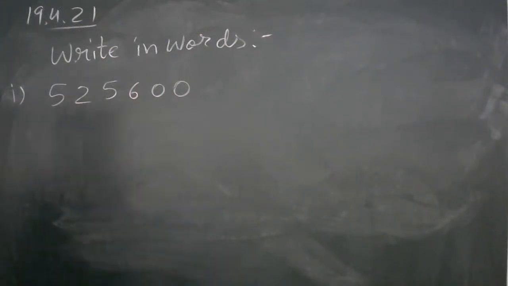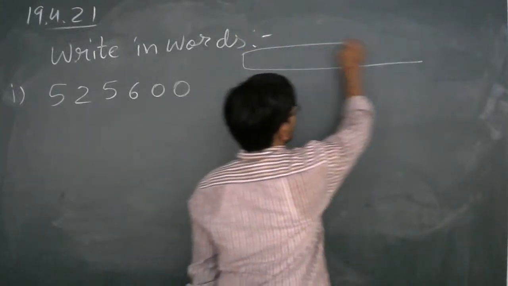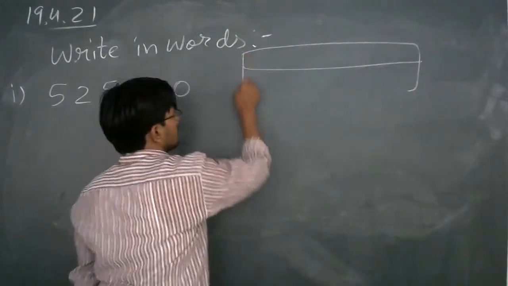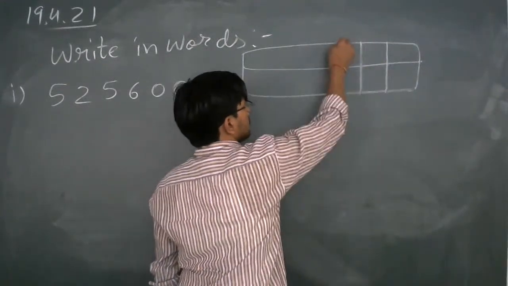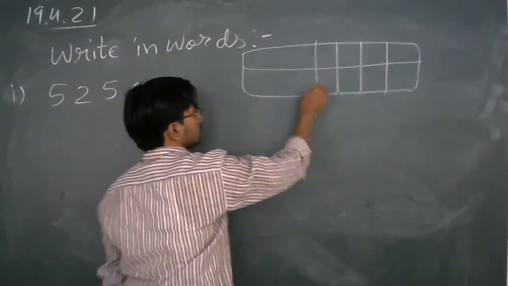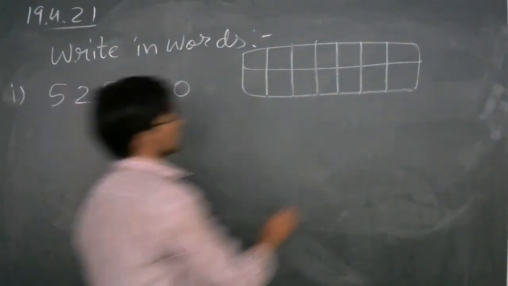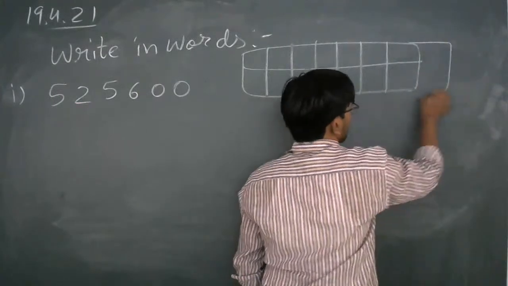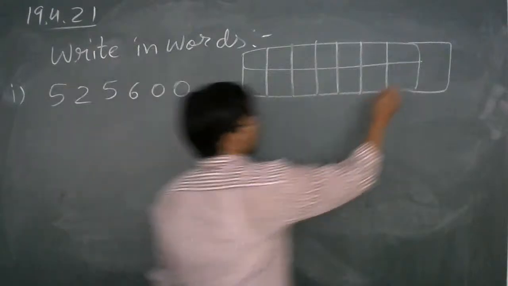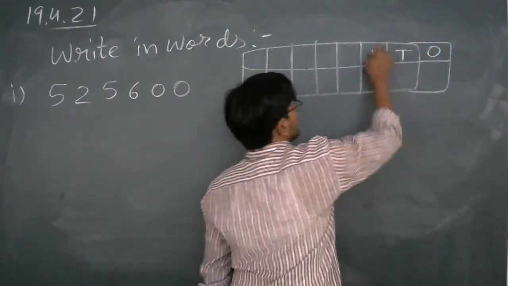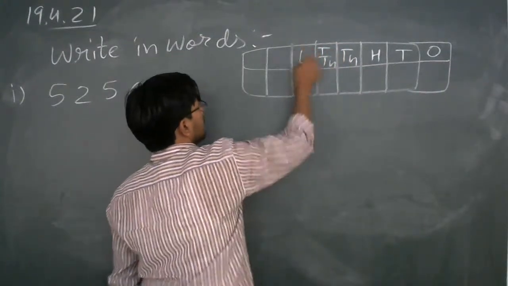Okay, fine. So here I am making a table. All of you may also make the same. Ones, tens, hundred, thousand, 10,000.